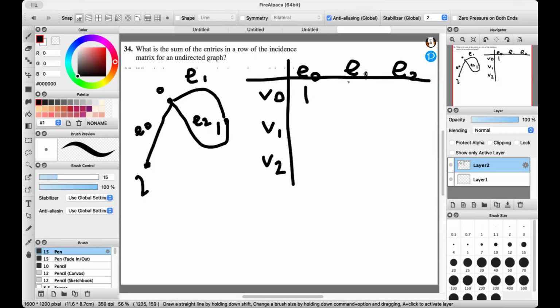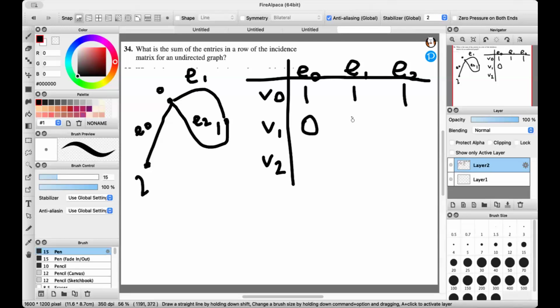E1 is connecting 0 to 1. I put down a 1 here. E2 is connecting 0 to 1 as well. So I put down a 1 here. V1, E0 is not incident to V1. So I put down a 0 there.